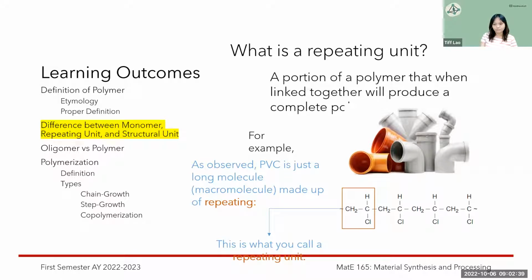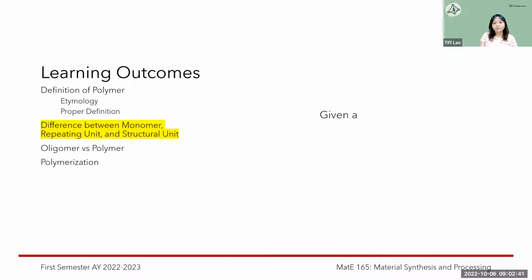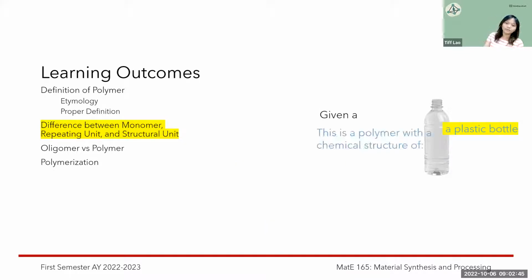Another example, given a plastic bottle. This plastic bottle has a polymer with this chemical structure.